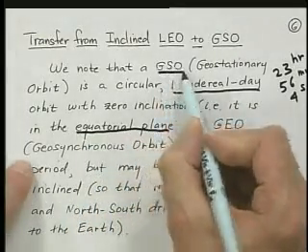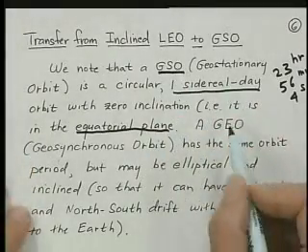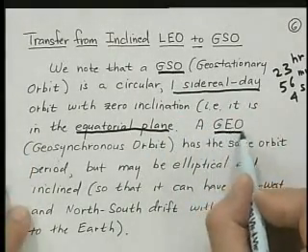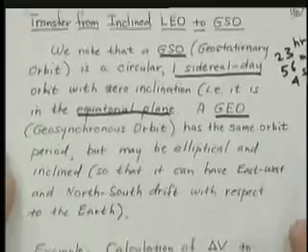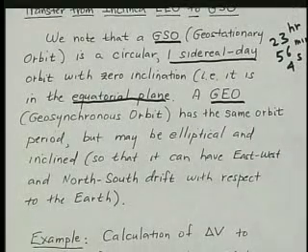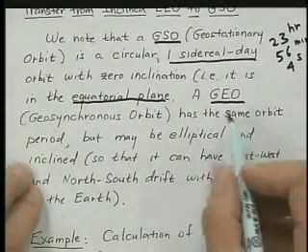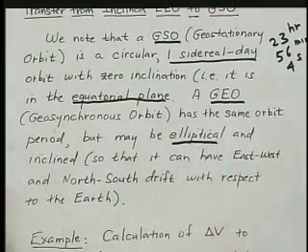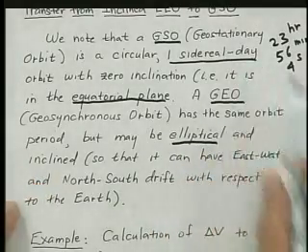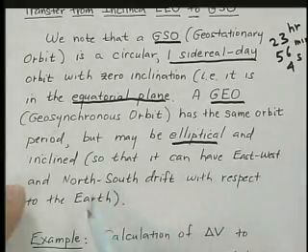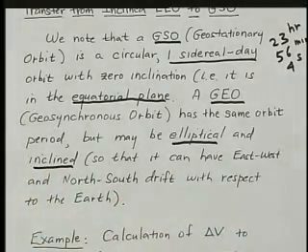Now, by the way, there's a difference between geostationary orbit and geosynchronous orbit. Geosynchronous includes more orbits, because it allows an orbit that can be elliptical as long as it has the same period of one sidereal day, and it can be inclined.